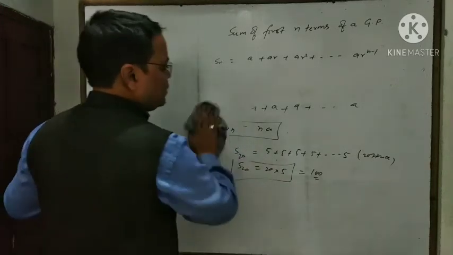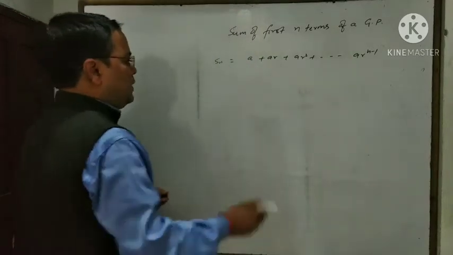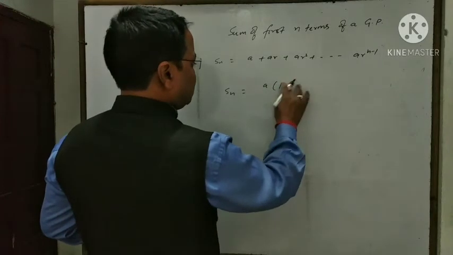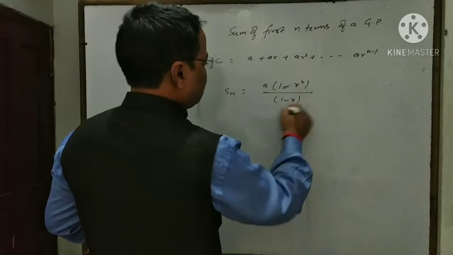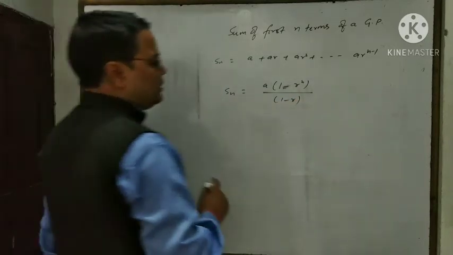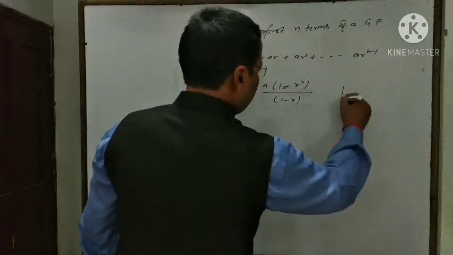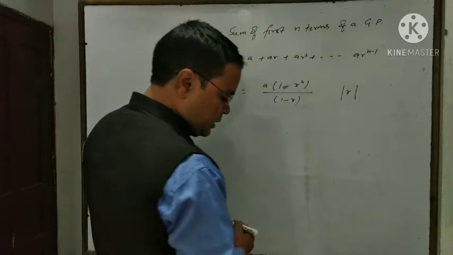Now, what is the second thing I want to tell you. Dear student, we find that here Sn is equal to a into 1 minus r to the power n upon 1 minus r. We use this formula when the value of r is less than 1.